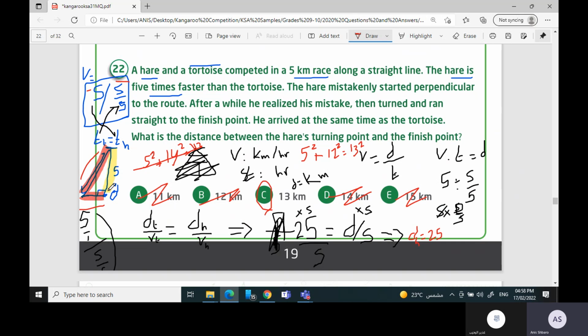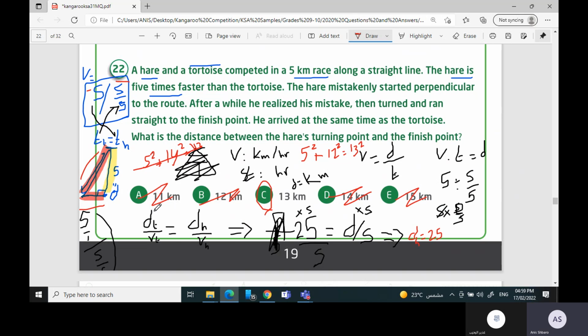So, for mathematics, first of all, we're going to use, of course, the Pythagorean theorem. But we don't have anything except this length. So I need to find this or this to find everything. Now, we used physics, so simply I said that T is equal to D over V, so I'm going to replace all the unknowns. The distance of the tortoise over the velocity of the tortoise is equal to the distance of the hare over the velocity of the hare.